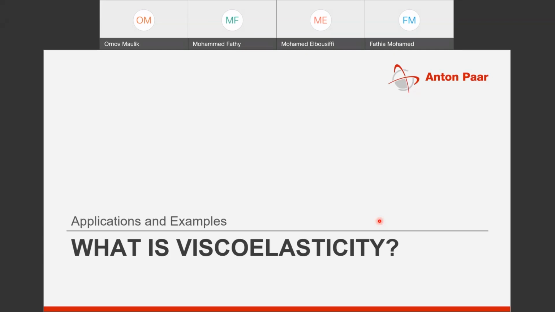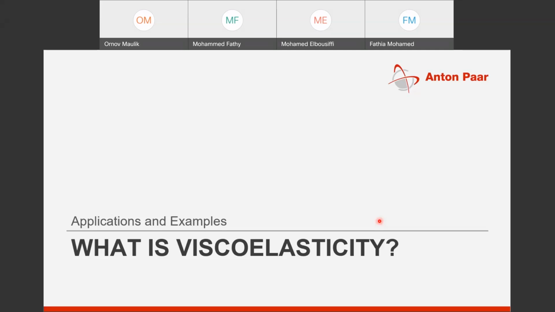So when we measure the viscosity, we are only getting information on the viscous part of that particular material, and we leave behind the elastic part. When we talk about oscillatory studies or viscoelastic characterization, we not only consider the viscous part of any particular material, but also the elastic part. We'll come to know what the parameters are that define the viscous part as well as the elastic part in any of the material.